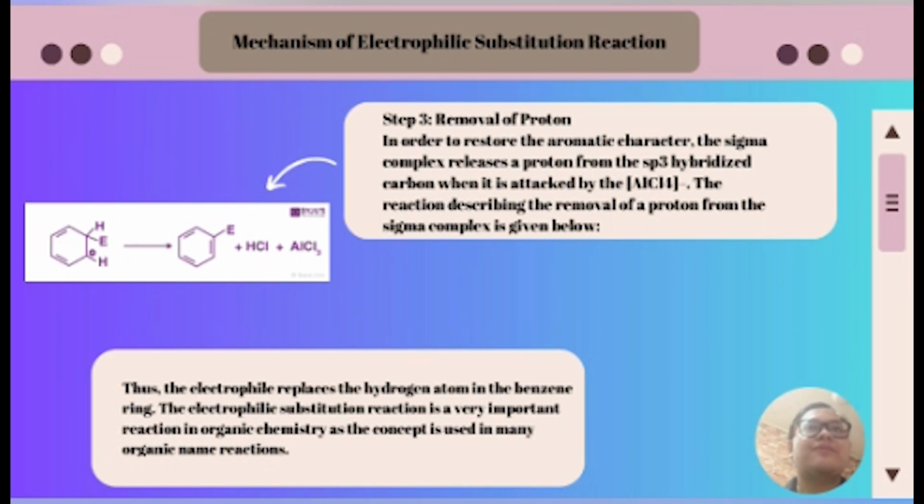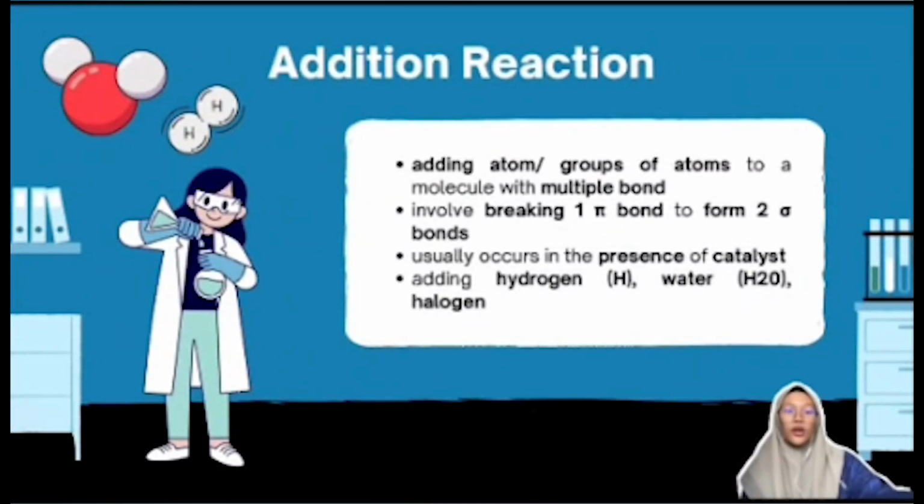Thus, the electrophile replaces the hydrogen atom in the benzene ring. The electrophilic substitution reaction is a very important reaction in organic chemistry as the concept is used in many organic name reactions. That's all from me. Thank you. Assalamualaikum warahmatullahi wabarakatuh.